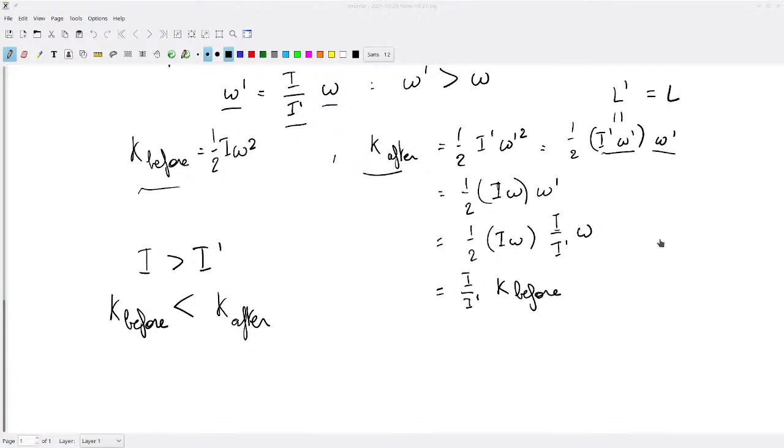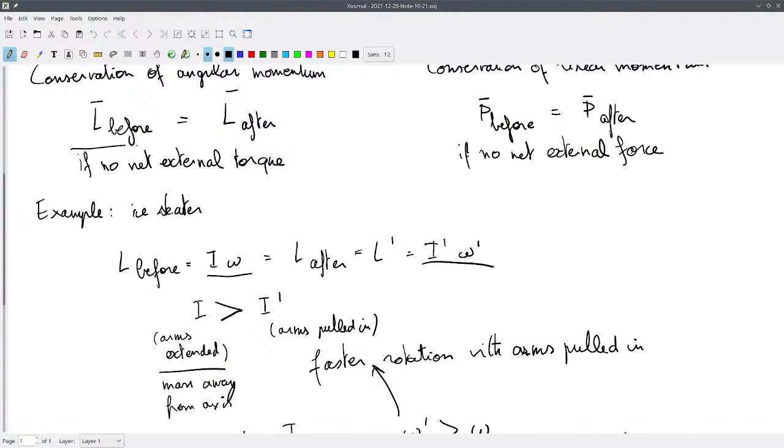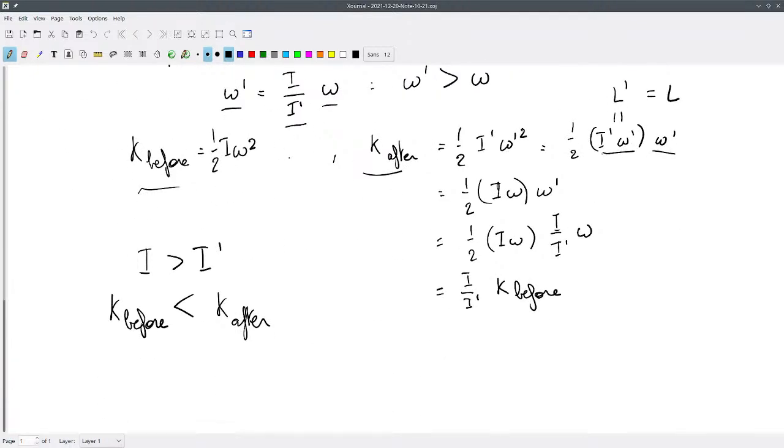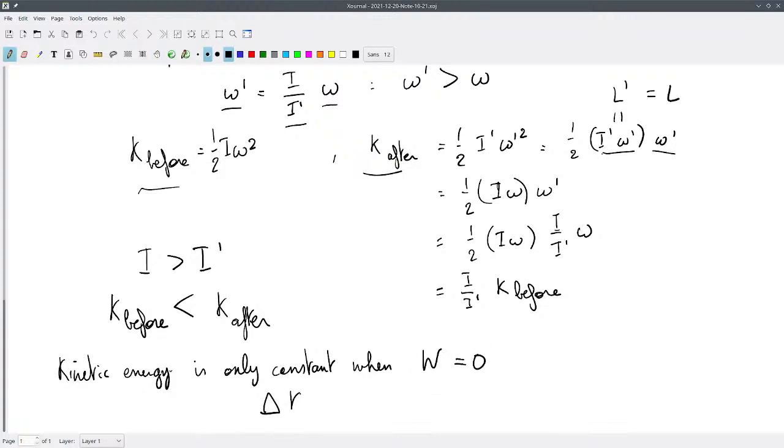Angular momentum is always conserved, as long as there's no net external torque. But kinetic energy is not always constant. Kinetic energy is only constant when the work done is equal to 0, because then we can write our work energy theorem, delta K is equal to the work done by external forces.